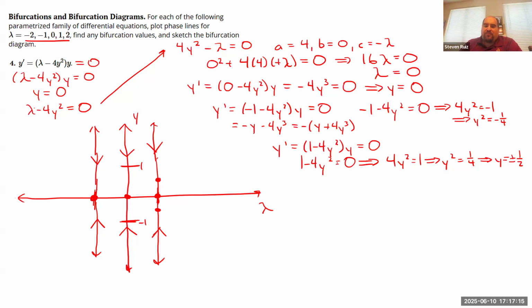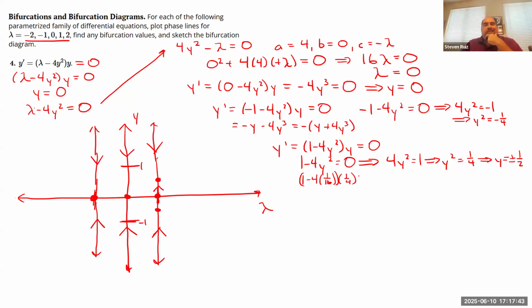Let's choose 1/4. If I put in 1/4 for y, I get 1 minus 4 times 1/16, times 1/4. So 1 minus a fourth, that's 3/4, times a fourth, that's 3/16, so that's positive. So a slightly positive value gives me a positive increase.